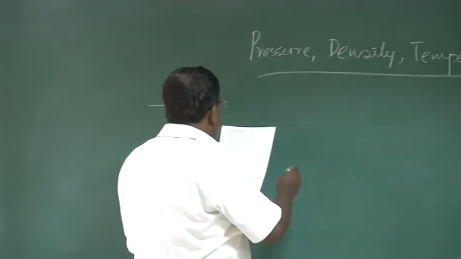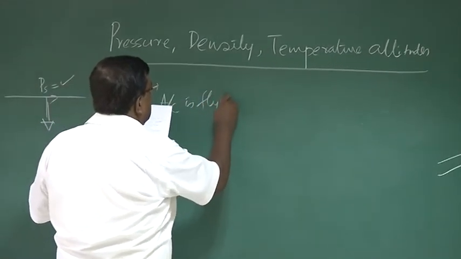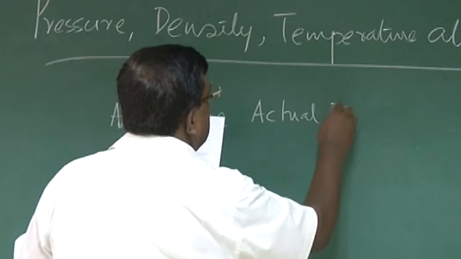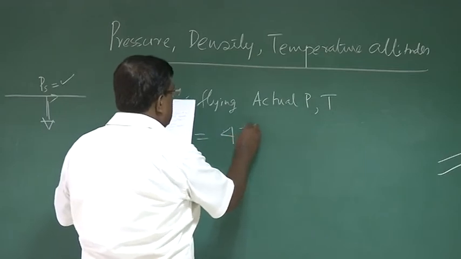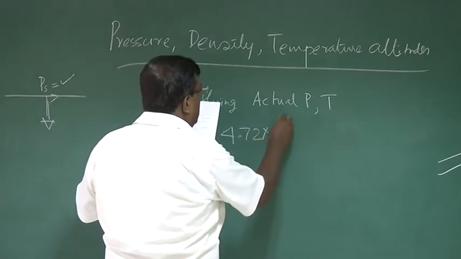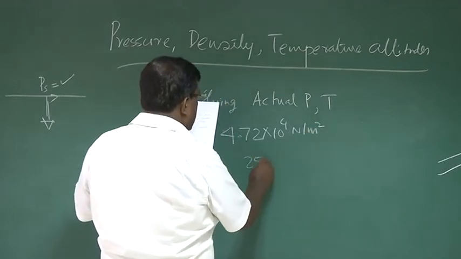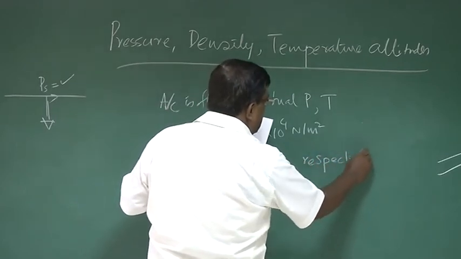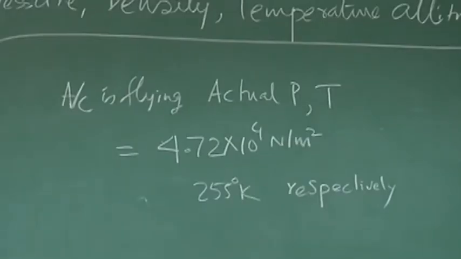Let's say, suppose an aircraft is flying where actual pressure and temperature are 4.72 into 10 to the power 4 Newton per meter square and temperature 255 degree Kelvin respectively. Okay? Question is, what is the pressure altitude, what is the temperature altitude, and what is the density altitude?